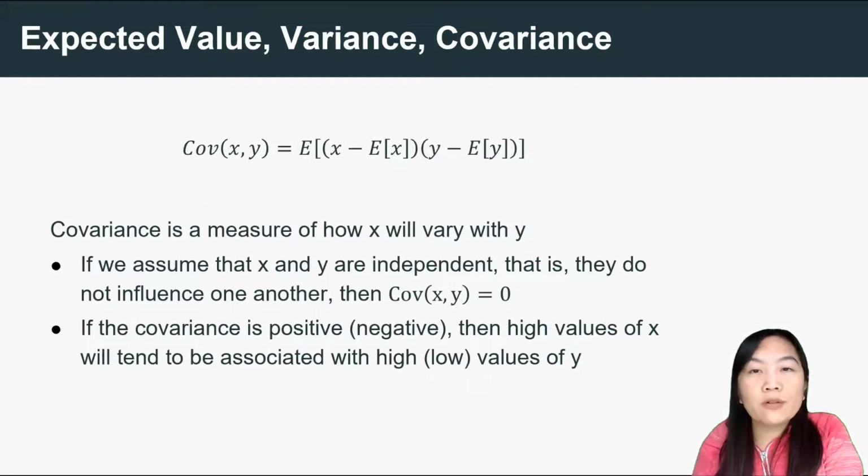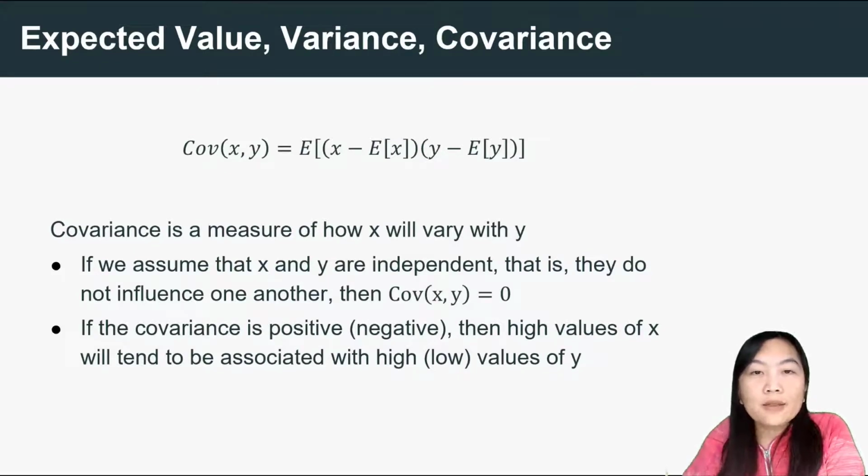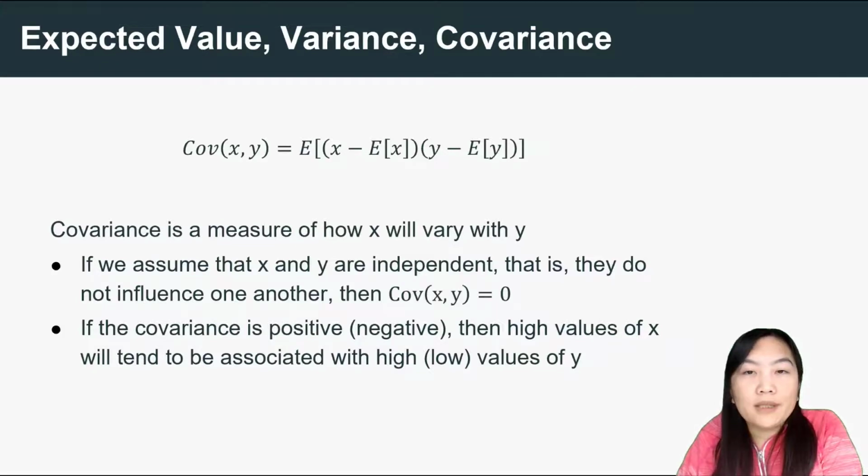So I do hope you understand what covariance is mirroring, and this expression here can help you understand that. So it is a measure of how X will vary with Y.